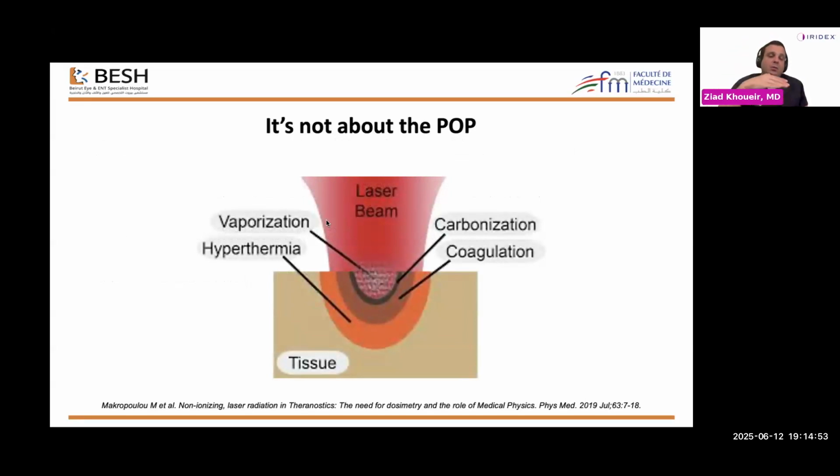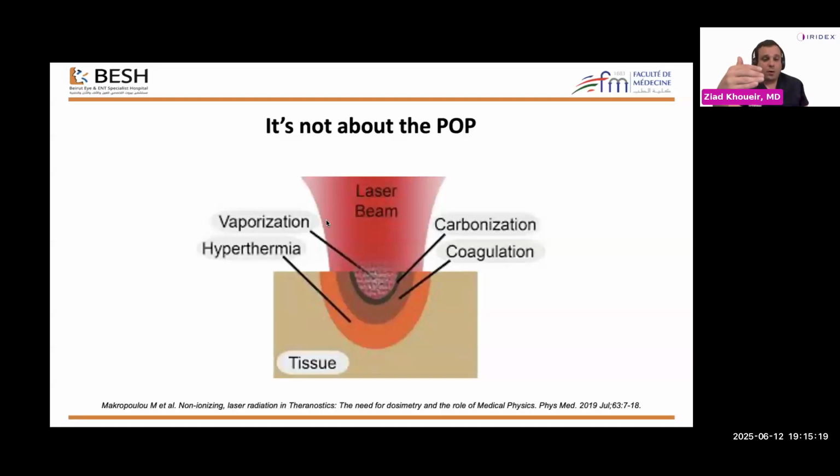So you start heating the tissue, you get hyperthermia, then you get coagulation at about 60 to 80 degrees. Then you get carbonization at around 100 to 300 degrees. And then when you go above 400 degrees Celsius, you get what we call vaporization. It's when the solid tissue becomes a gas. And this is when you get the pop during cyclophotocoagulation.